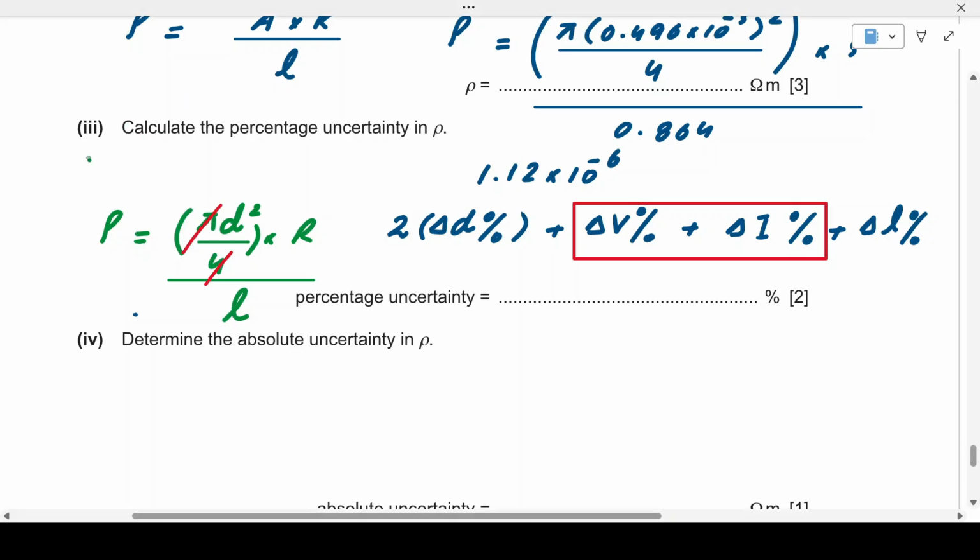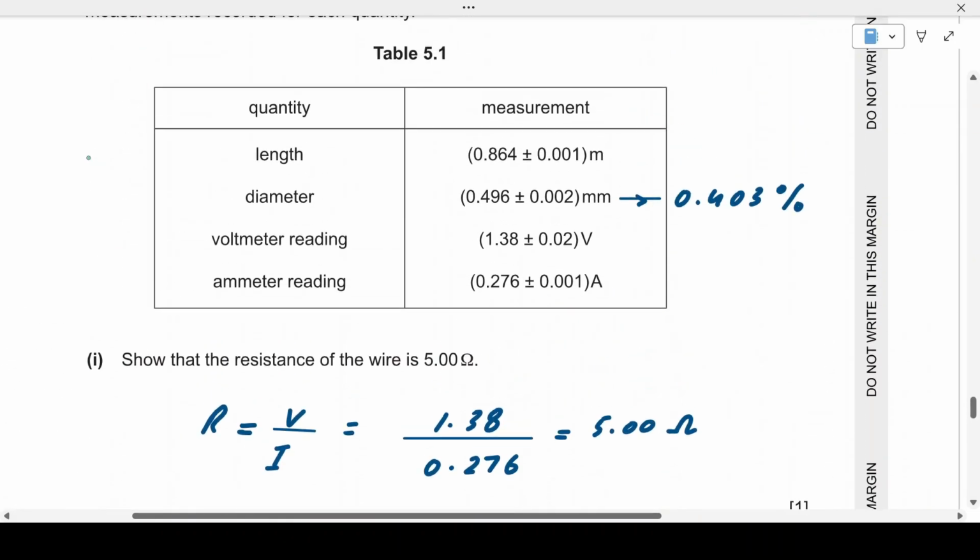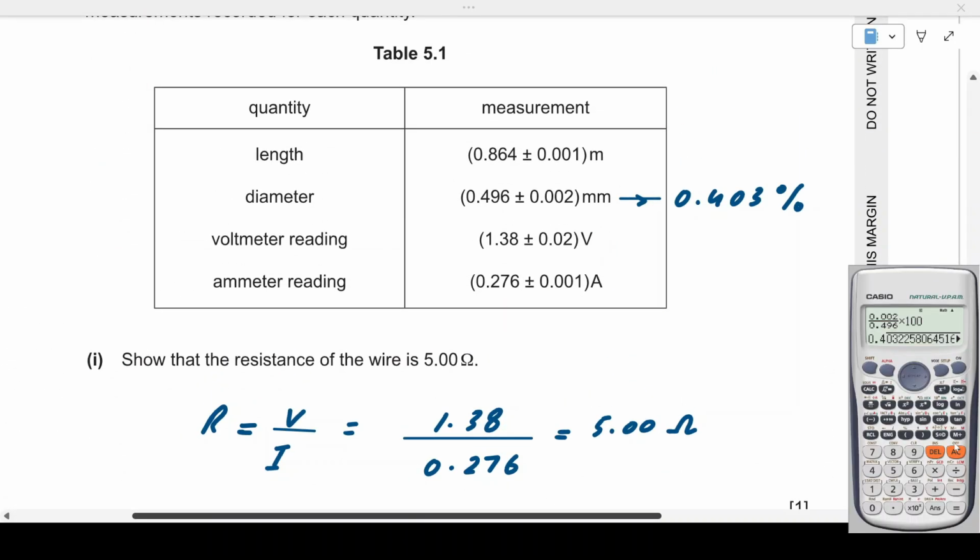Okay, let us find for the voltage. This one would be 0.02 divided by 1.38, multiply by 100. 1.45. What about the current?